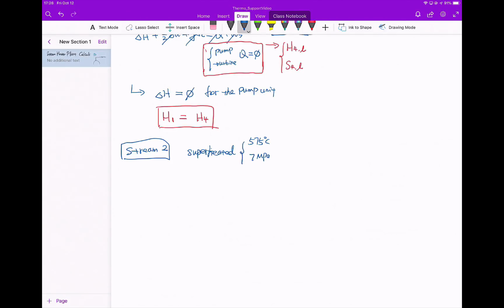Use the steam table, but I don't have that exact temperature condition. So I was picking up two conditions. Use 7 MPa, but two different known temperature conditions. One is 550, one is 600. So you can see that this is my 575.